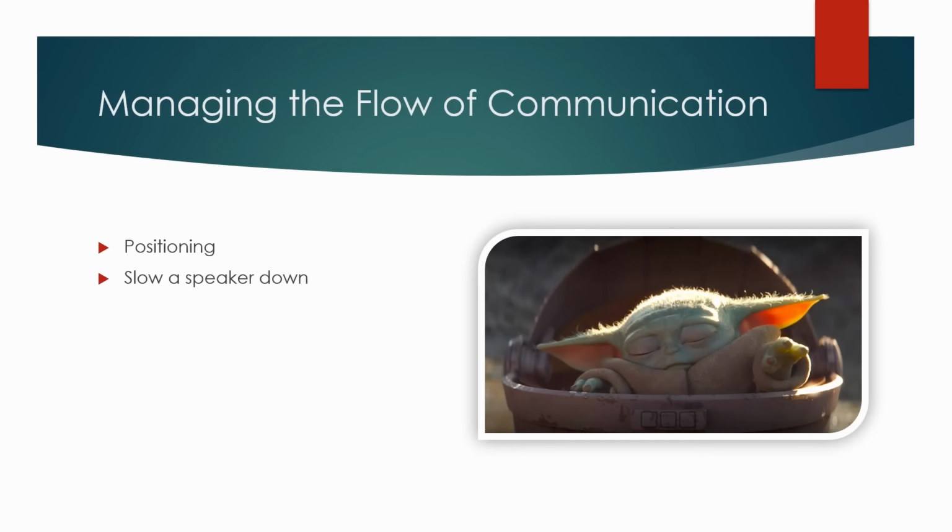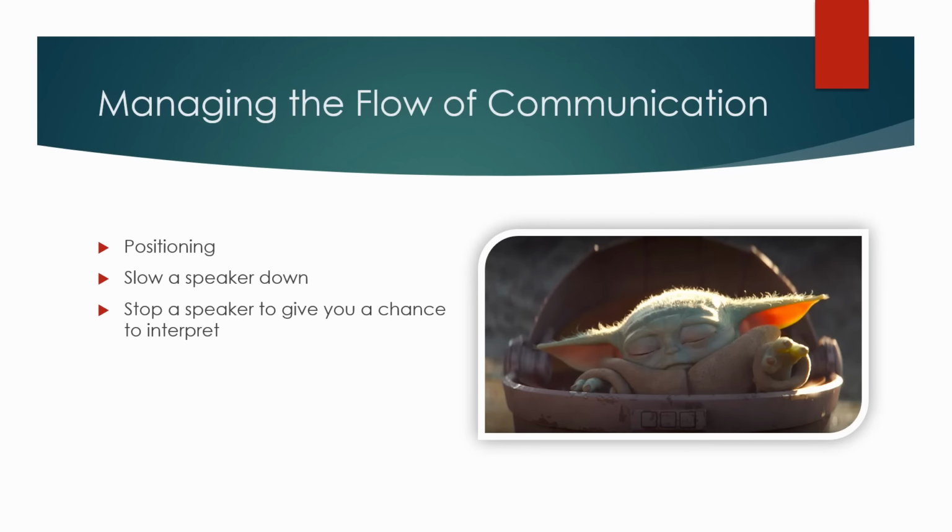Slowing a speaker down. We often do this through third-person interjections or using minimal verbal expressions or nonverbal cues that the speaker needs to speak slower. It might be putting up a hand. So that is another way that we manage the flow of communication.